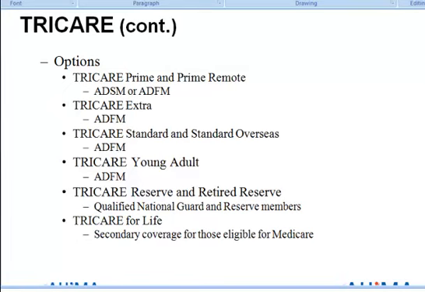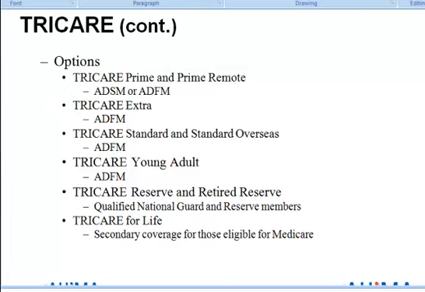The TRICARE Standard and Standard Overseas, this is basically the same concept as Prime and Prime Remote, but these active duty or family members are located overseas. The TRICARE Young Adult is a plan option available to young adult children of active duty service members, reserve members, and military retirees.